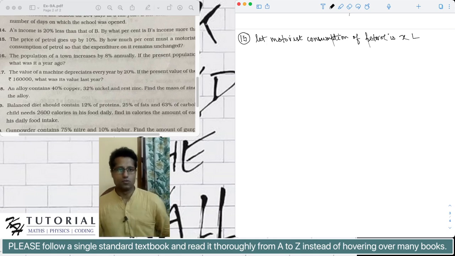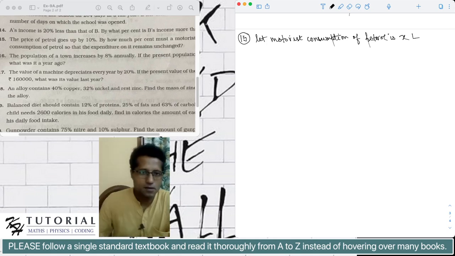The price of petrol goes up by 10%. We don't know the price, and we also don't know by how much percent the motorist must reduce consumption of petrol. We also don't know the consumption of the petrol by the motorist.